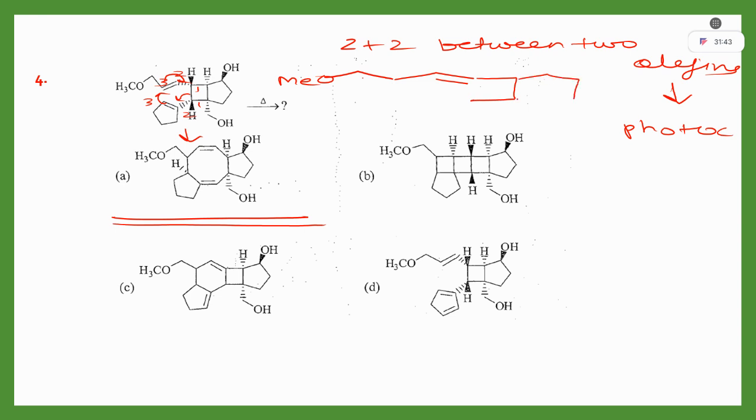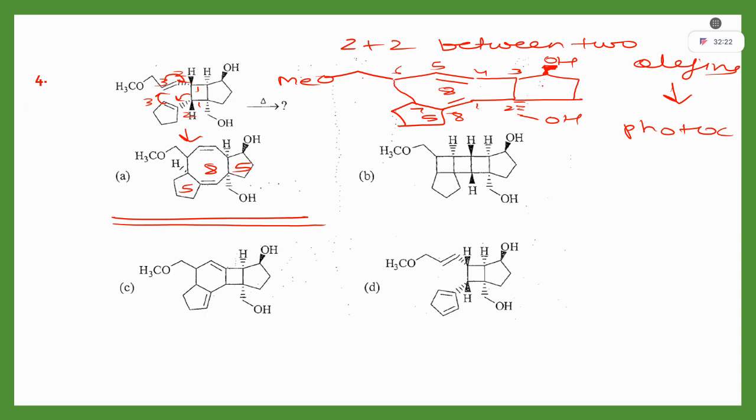This 5 membered ring will be as it is. And here double bond will come again, and this bond will form. Okay, now you can count. One, 2, 3, 4, 5, 6, 7, 8. So yes, 5, 8, 5.